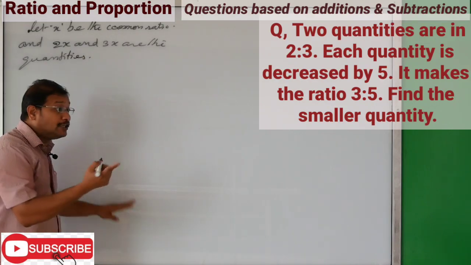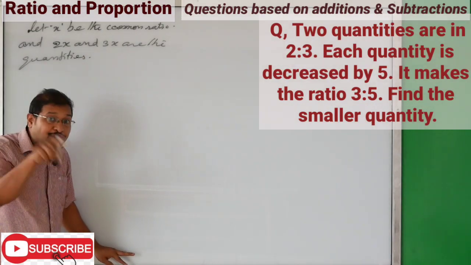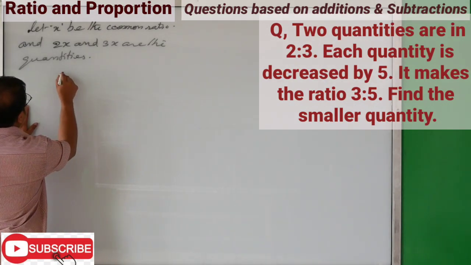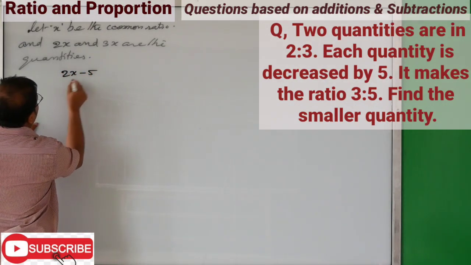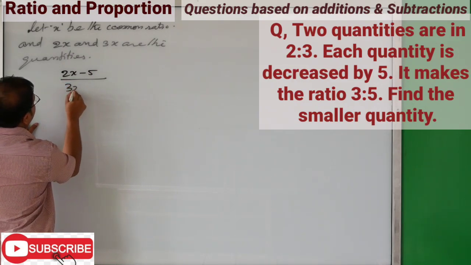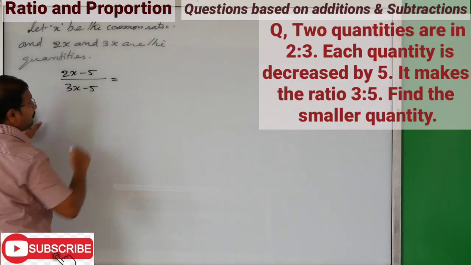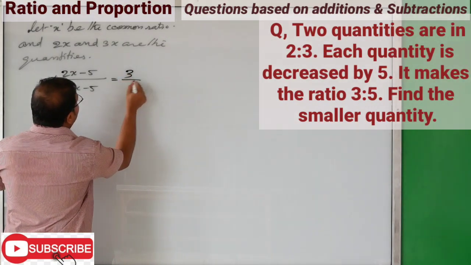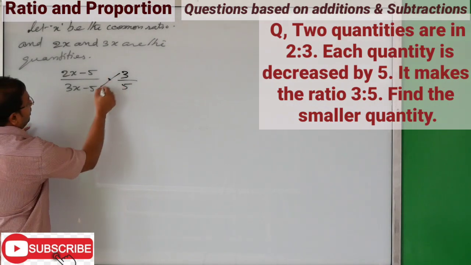Ready? Now according to the question, if you decrease 5, it means subtracting 5. What will happen? 2x minus 5 divided by 3x minus 5. Then the ratio will become 3:5, that means 3 by 5. Let's cross multiply now.